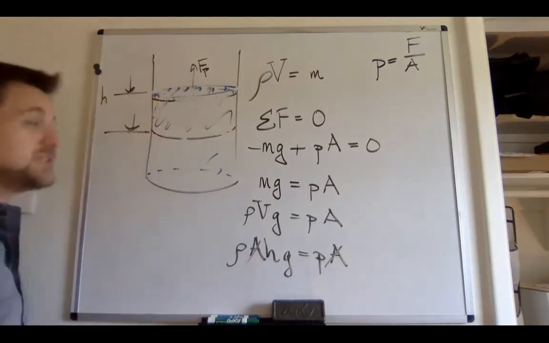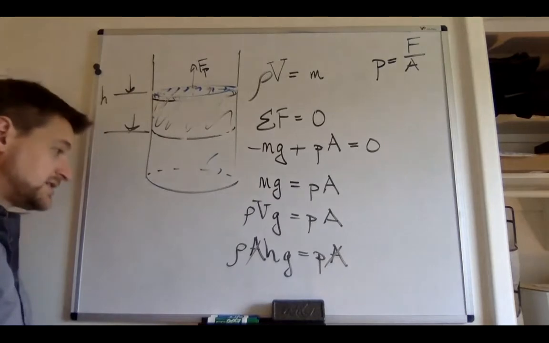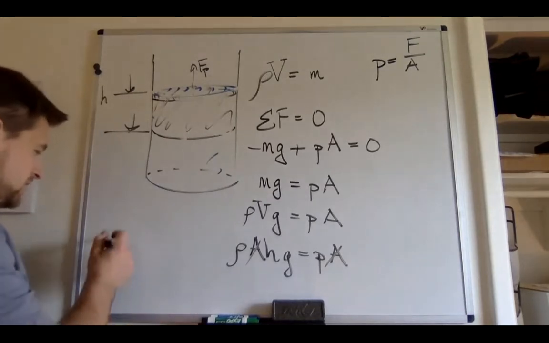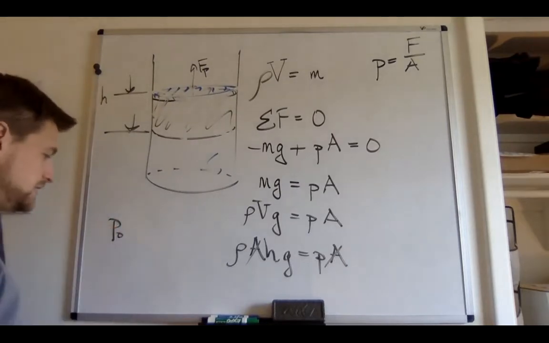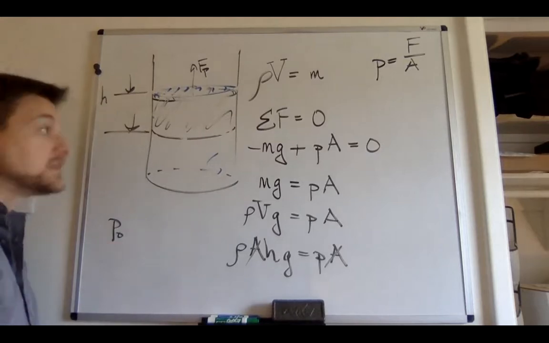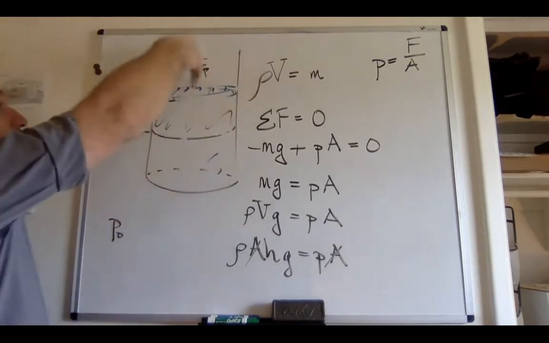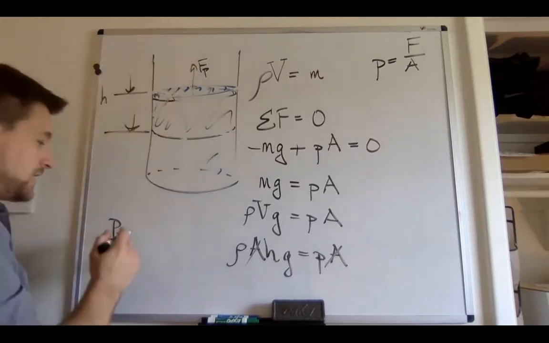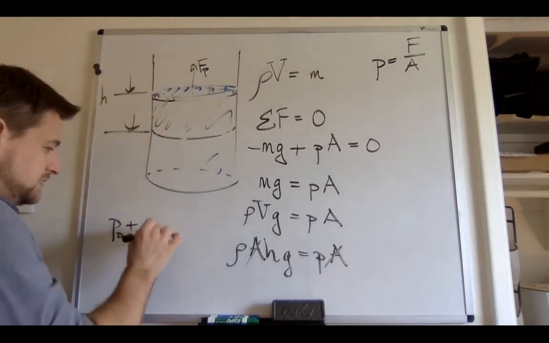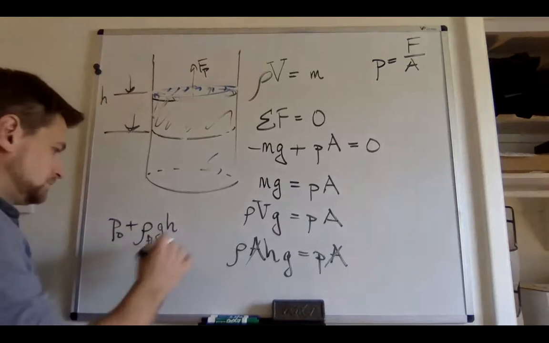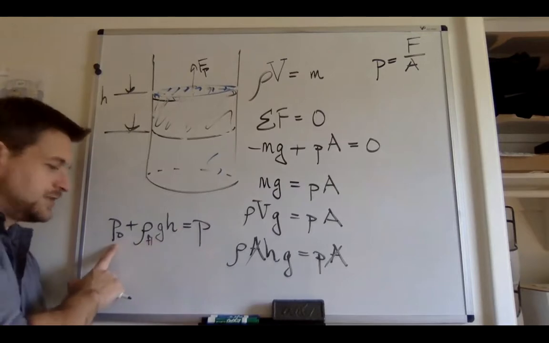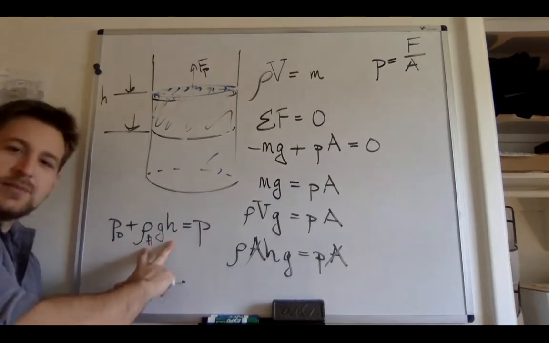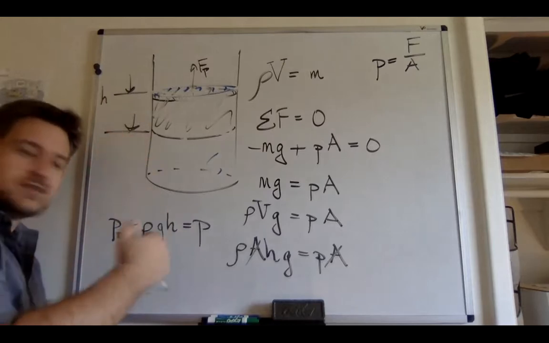This open to the air lets us say something about, all right, well, if there's some external pressure, P0, we could call it, the environmental pressure, the pressure of the air, of the surroundings, plus that there's some pressure as a result of the external environment and the depth that we are submerged to within the fluid.